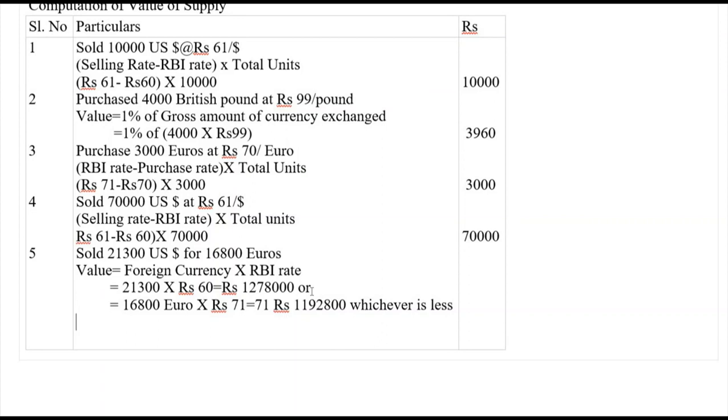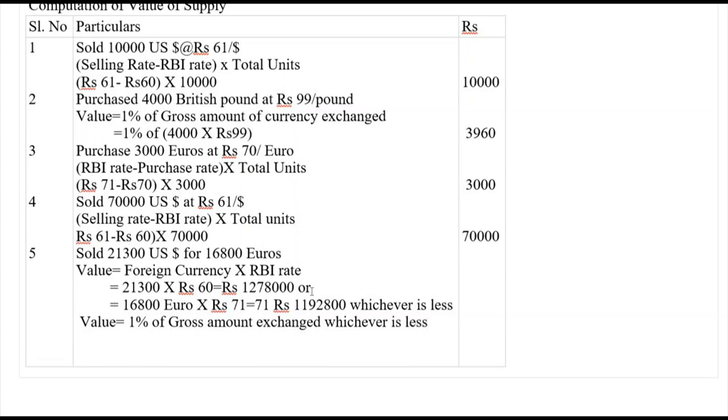So the value equals 1% of the gross amount exchanged, whichever is less we should take here. Substituting the values, 1% of 12,78,000 or 11,92,800, whichever is less, means rupees 11,92,800.